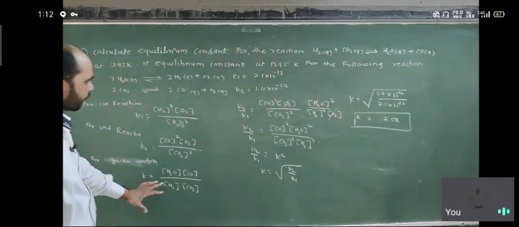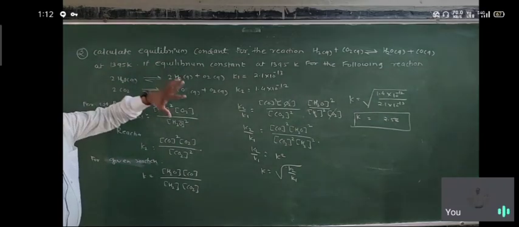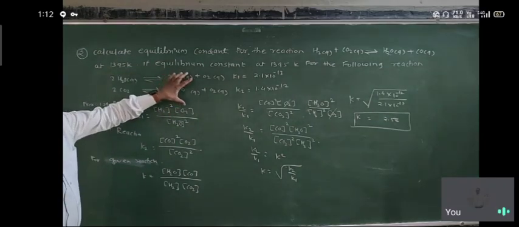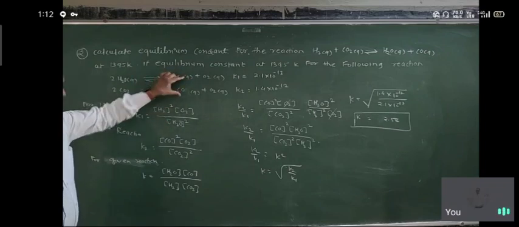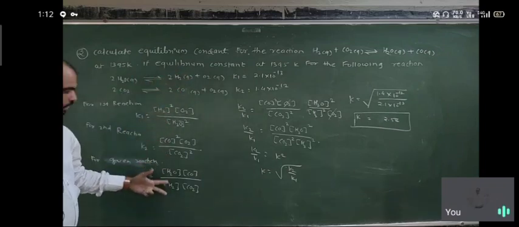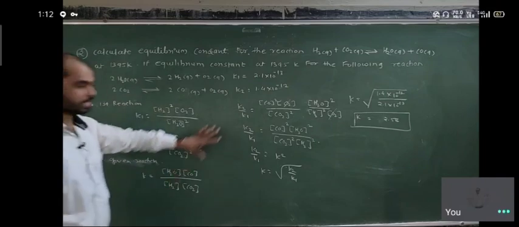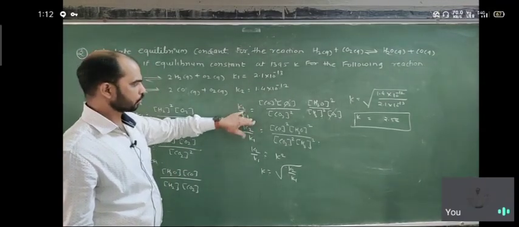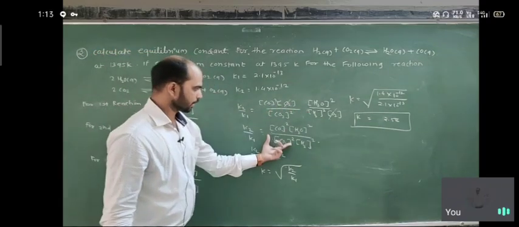So using this way we can calculate, because the given reaction comes from these two equations. First of all, we write the equilibrium constant equations for these two reactions, and we consider their ratio K2 upon K1. We neglect the common terms, so the remaining equation is balanced.